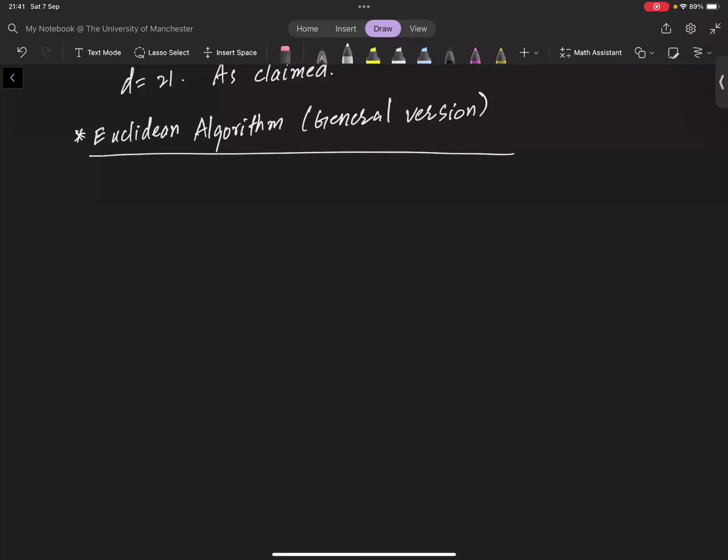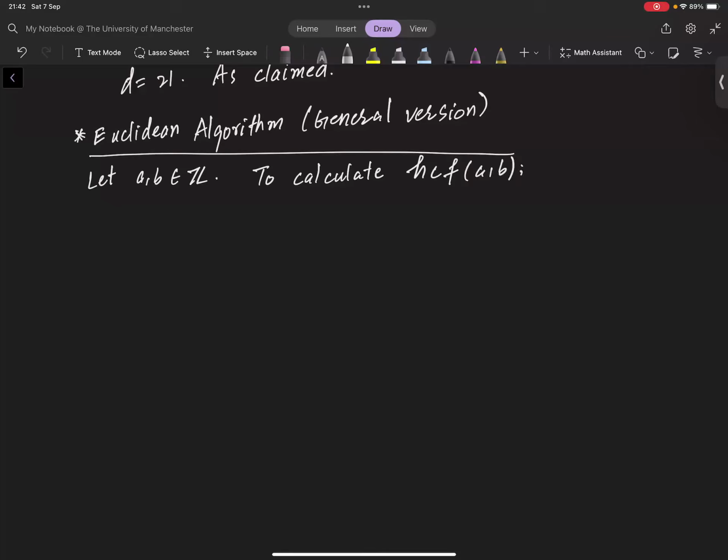Okay, so suppose we have two integers, right? And we need to calculate the highest common factor between them.